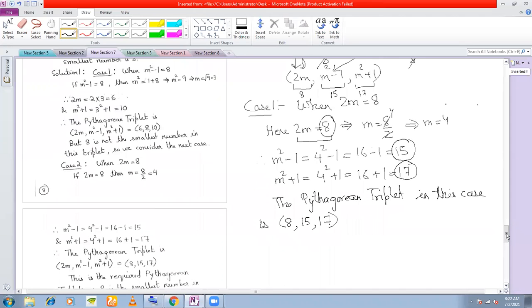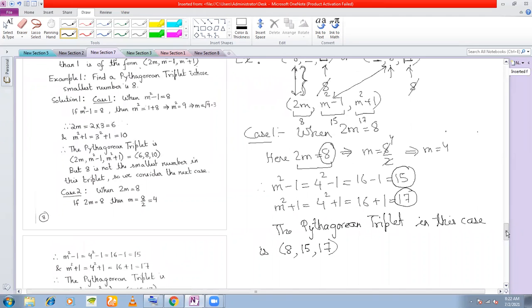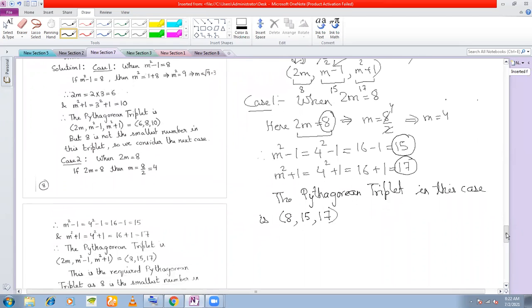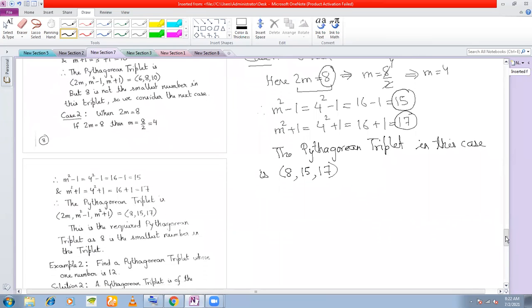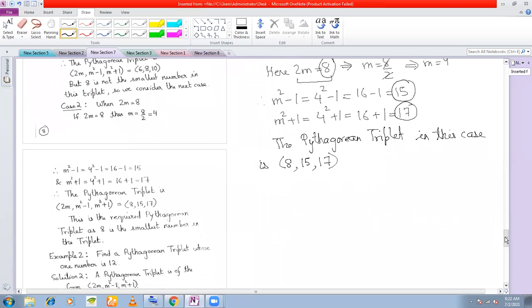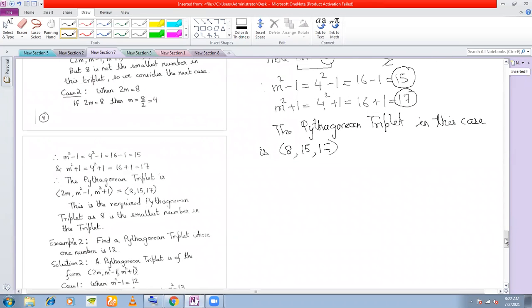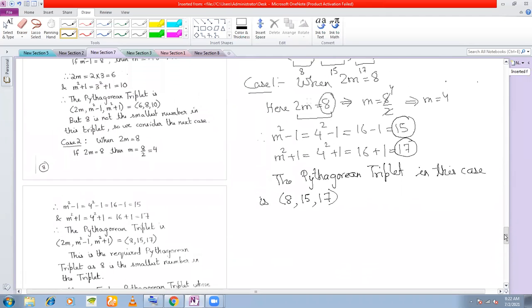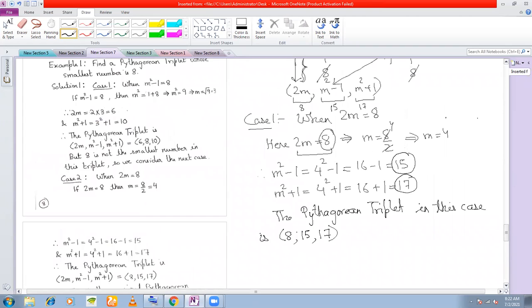So the point here is that although we have got 8, 15 and 17, if you see in this case, we have 8 as the smallest number in the triplet, right?